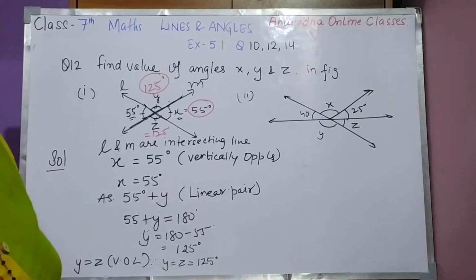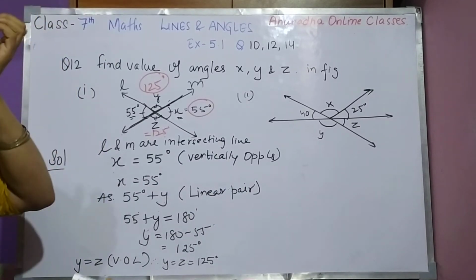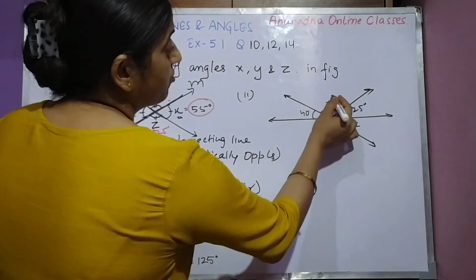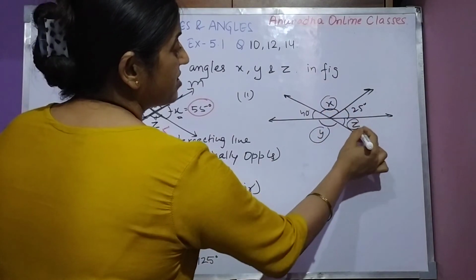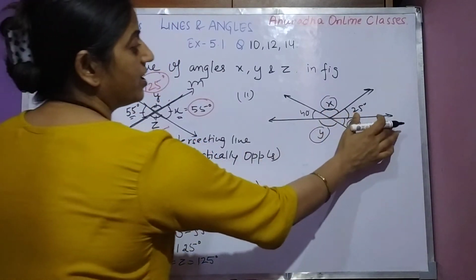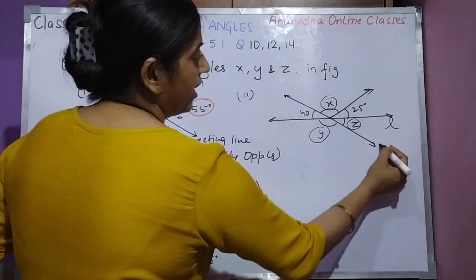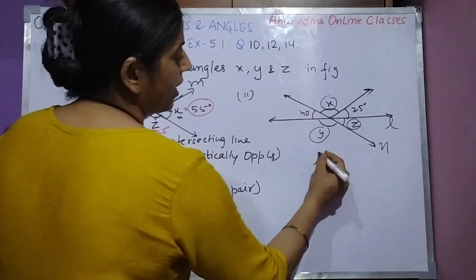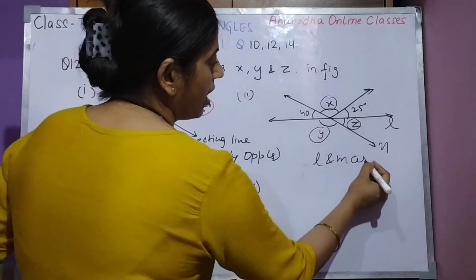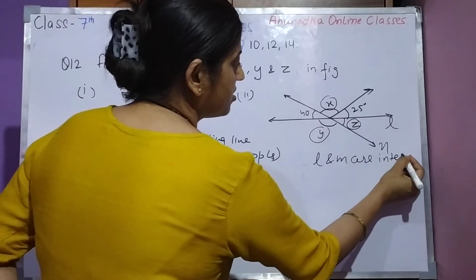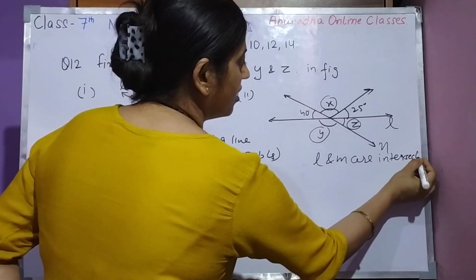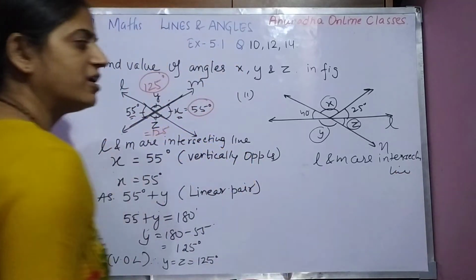Okay, now come to the second part. See, you have to find the value of x, y and z. Okay children, now this is one line L and this is M. L and M are intersecting, right? These are intersecting lines.